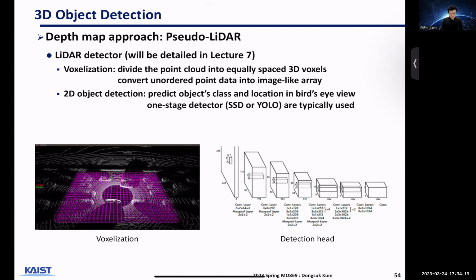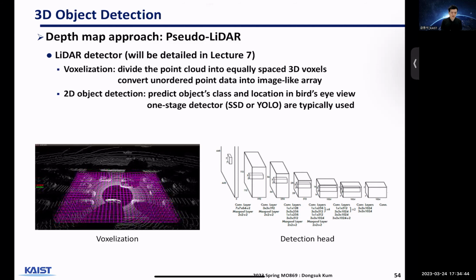So they are boxes, and when you remove the Z direction, meaning that if you voxelize with one box in the Z direction, then it becomes a bird's eye view representation.